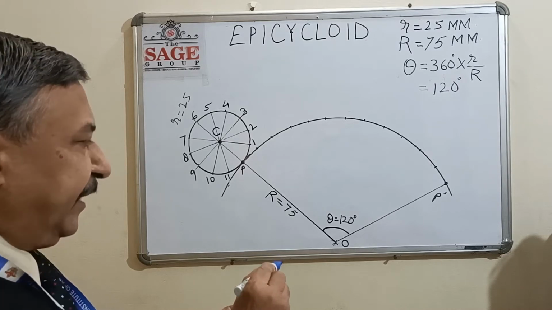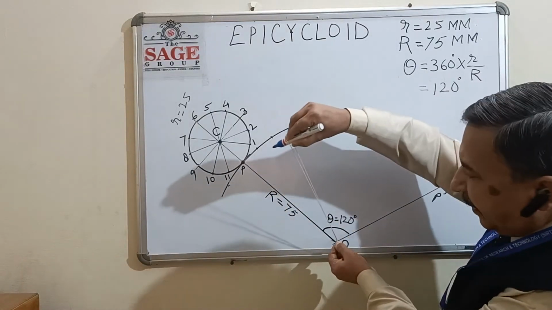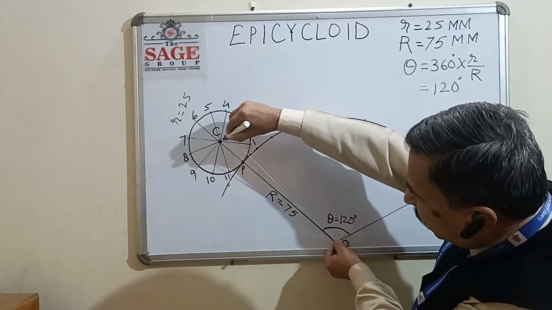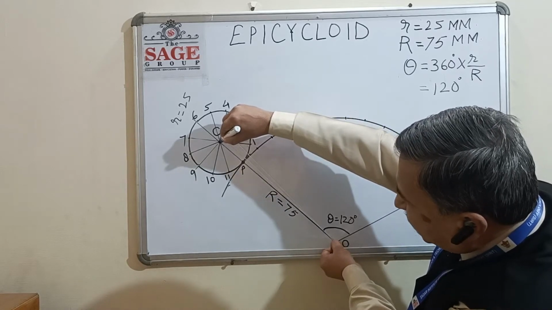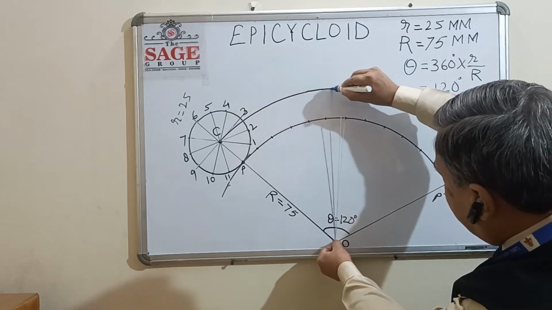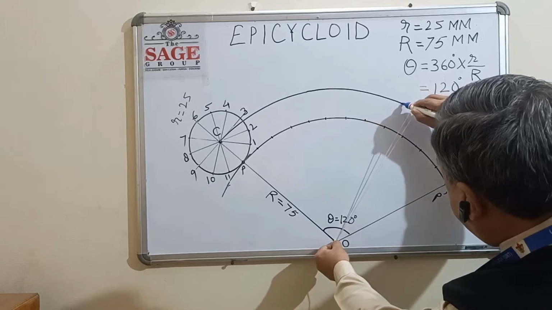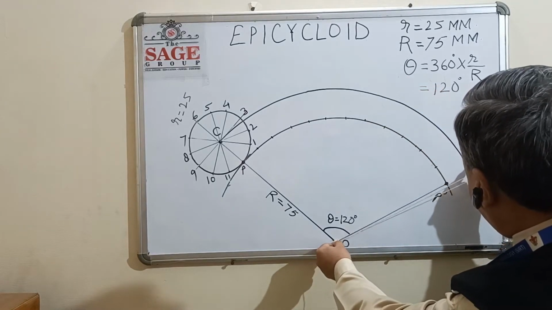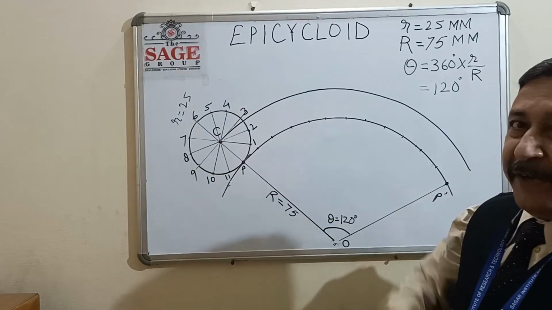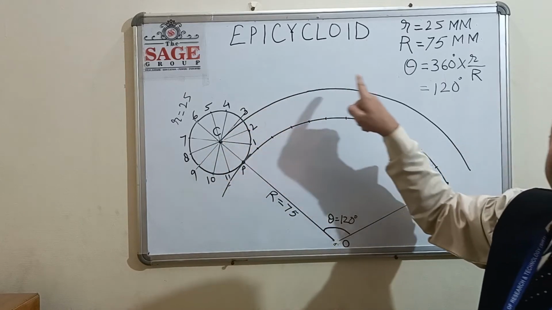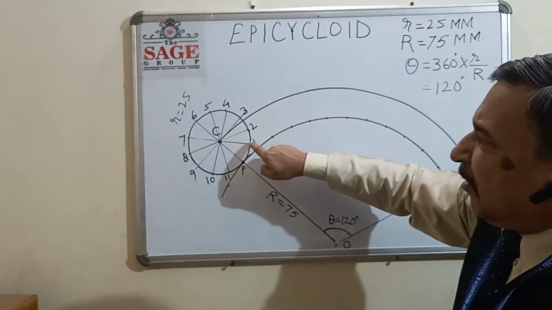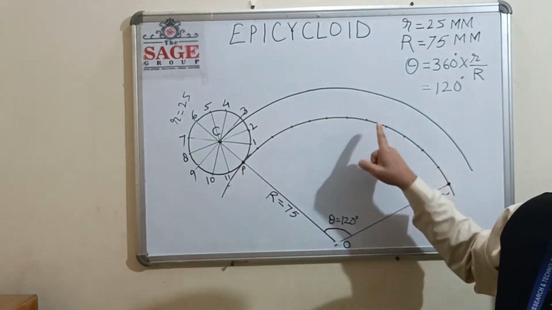This is the path of the center. Taking O as center and radius equal to OC, draw an arc parallel to this arc. Now through C, the different centers we have to find here on this line.